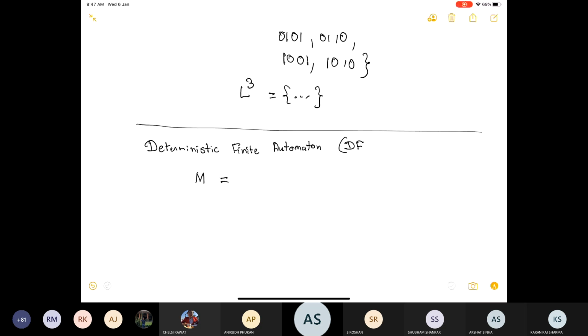So this machine has several components, right? Let me write them down. There are 5 components. So this is a 5-tuple, where Q is a finite set of states.